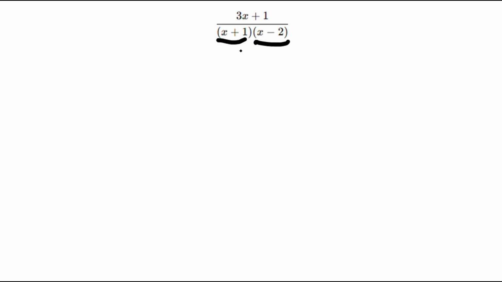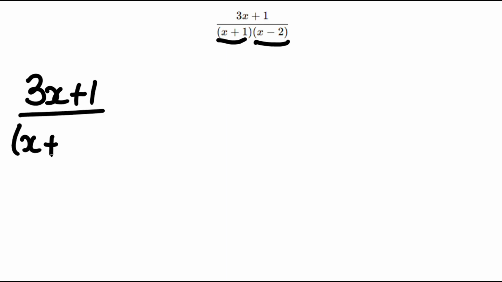So for linear factors, let's write the expression first, s plus 1 all over x plus 1 multiplying s minus 2. So for linear factors, what happens is that we are going to separate them, put, how do you call it, let me say variables, but these are going to be capital letters, right?